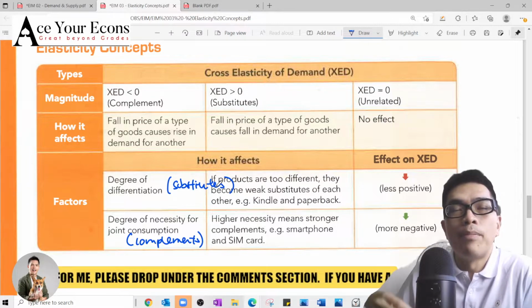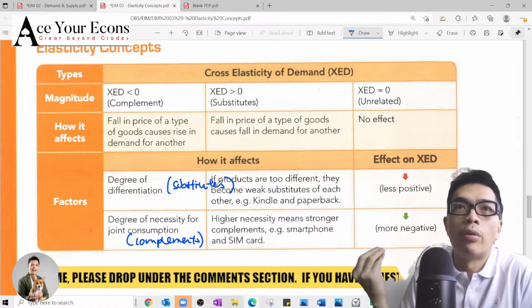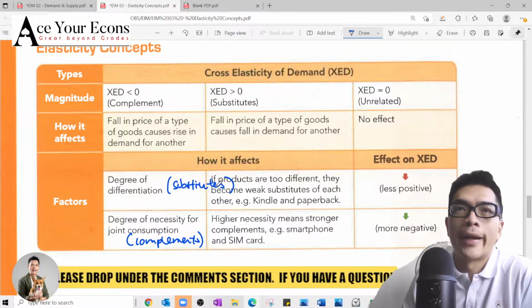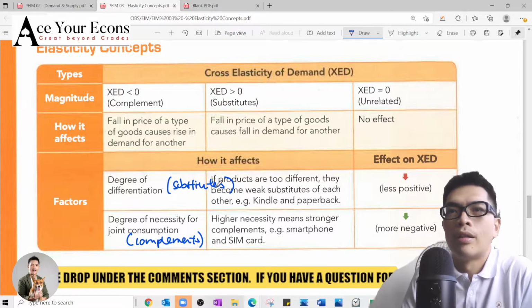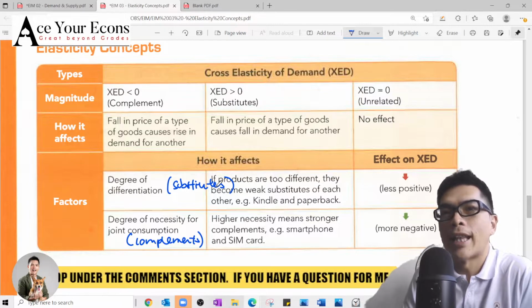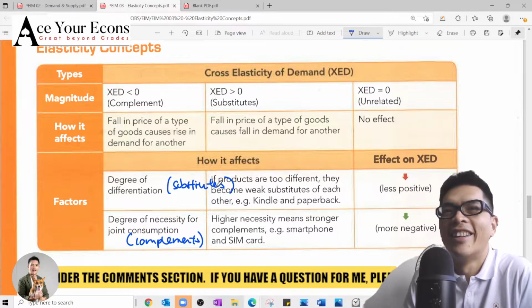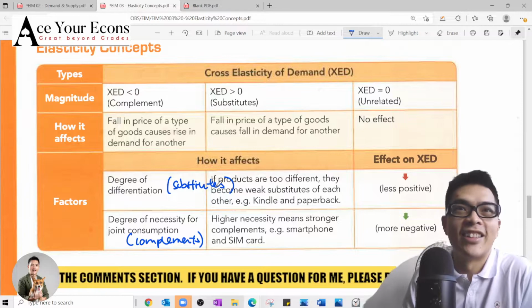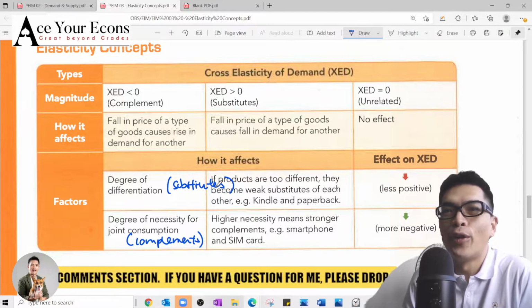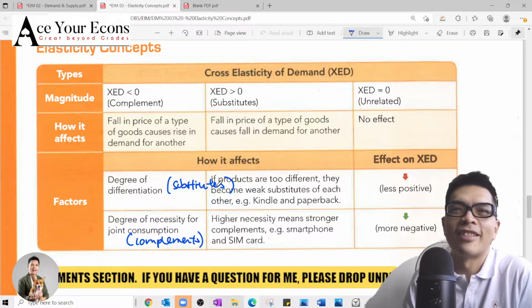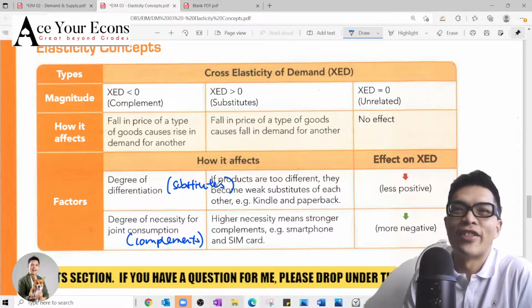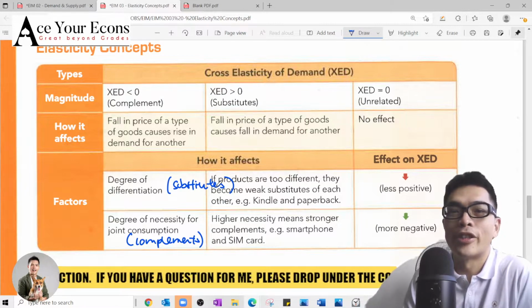So it's important to conceptualize before we can deduce the effect. Maybe Coke and iced lemon tea. One is gassy, one is not gassy, right? iPhone and Nokia phone. Oh yeah, okay. They serve the same purpose, but they have very different features.